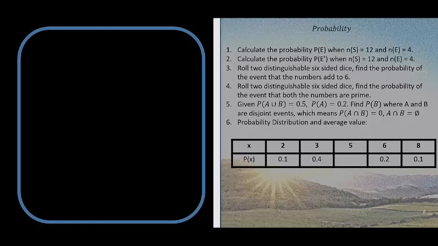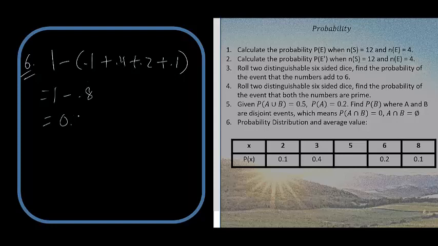This one is missing. For this 5, you can figure it out like 1 minus (0.1 plus 0.4 plus 0.2 plus 0.1). So you are getting 1 minus, you can see here, 0.8. So then you get 0.2. So then you can write here 0.2 in the table for 5.